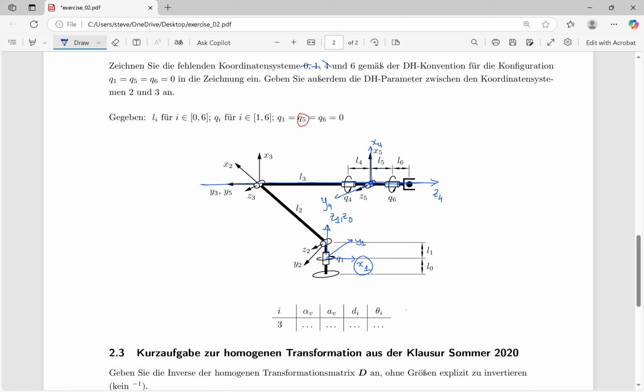And as a rule of thumb, we choose it so it aligns with the previous axis as much as possible, provided that it is actually 0 in the free parameter. So X6 is exactly the same direction, and Z6 is the same direction, and here we also have Y6 in the same direction.